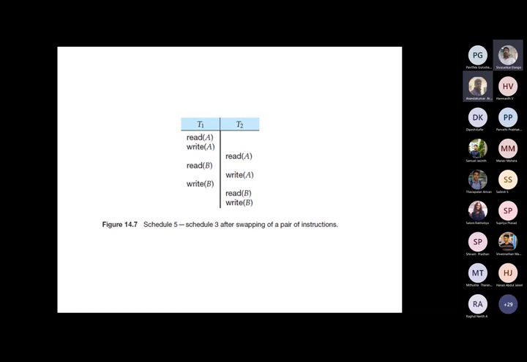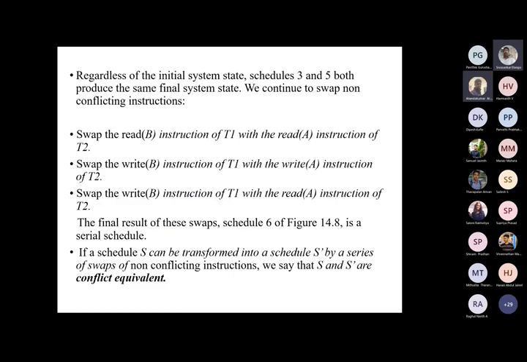Right. So write of A instruction is being swapped with read of A instruction. Sorry, yeah. Write of A instruction is swapped with read of A instruction. So we are going to continue to perform the swap process.